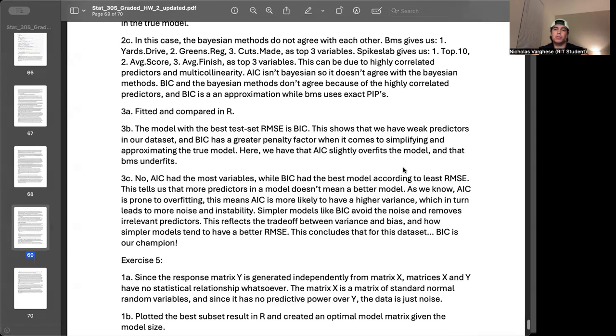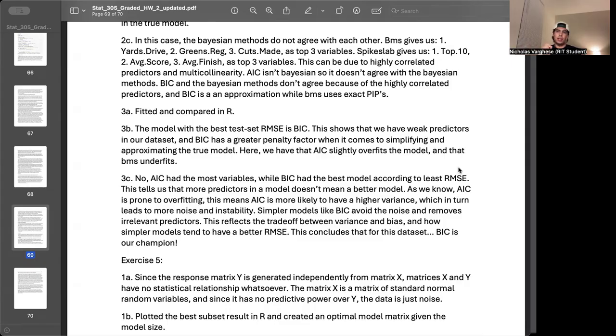Share my screen again. Okay, so I chose BIC to be my champion model because of the best test set RMSE. AIC always tends to overfit the model, and in this case, BIC underfit the model.